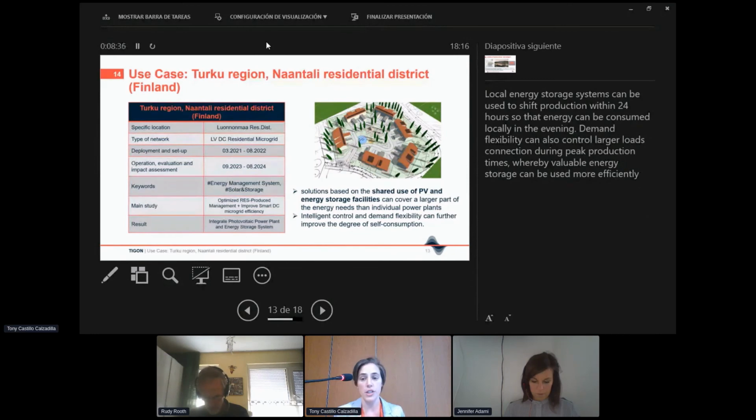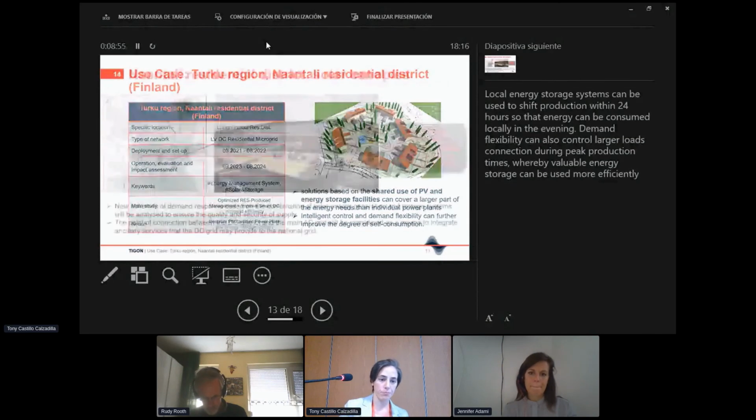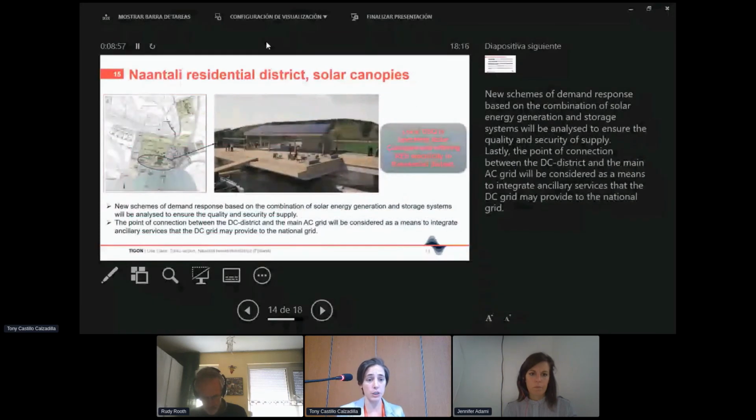Because, of course, the use of an energy storage system can help to shift the production of the PV so that the energy can be consumed locally in the evening, rather than when it is produced by the PV plant. And in particular, in the Nantali residential district, we also have the local DSO involved in the project, which is of course an important stakeholder when we are talking about distribution lines and microgrids.